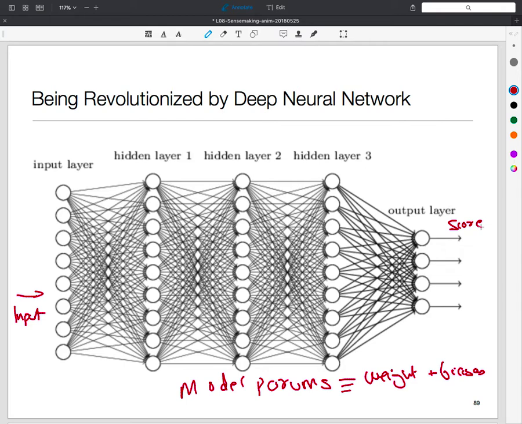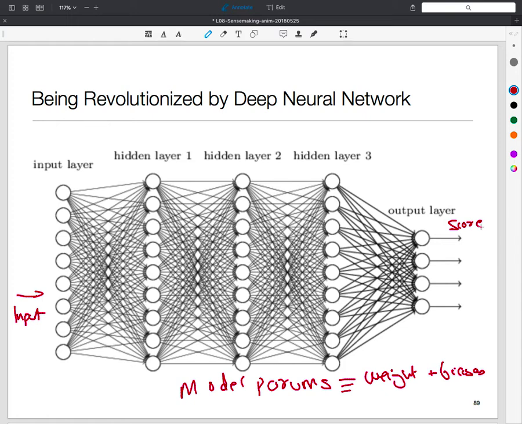My goal is that if it is genuinely a walking activity, then the first neuron should have the highest score. There are ways in which you convert these scores into probabilities, but those are details for later. Fundamentally, the activity taking place is the one for which the neuron has the highest score.